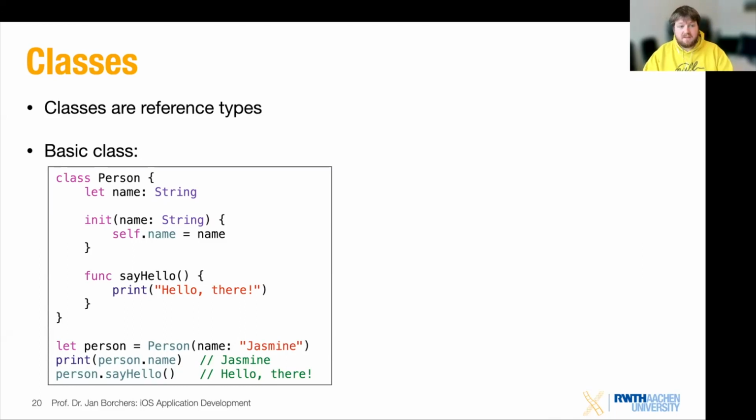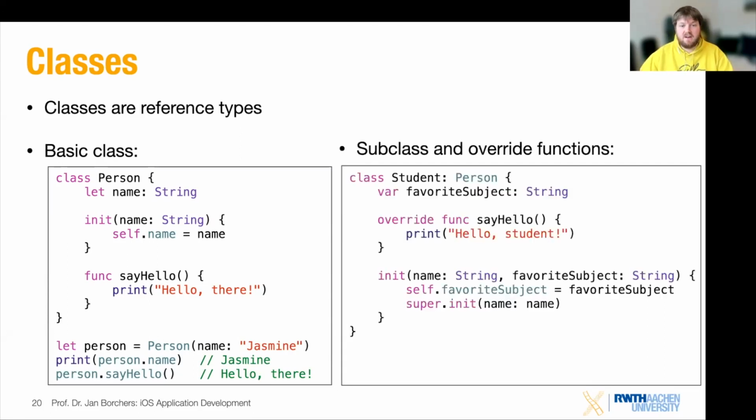So that classes are reference types is one big difference to structs. And the other big difference is that you can have subclasses of classes. Here we have a class Student. We have a colon and then the class Person behind it, which signals that the Student is inheriting from Person.